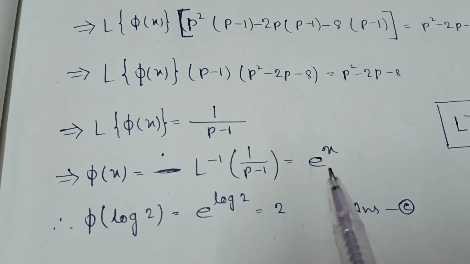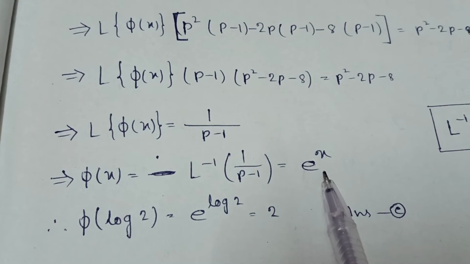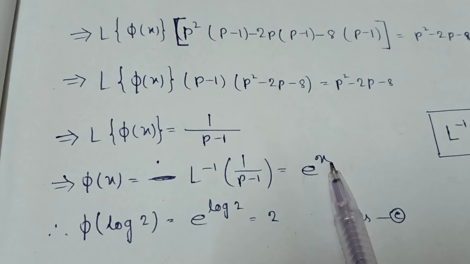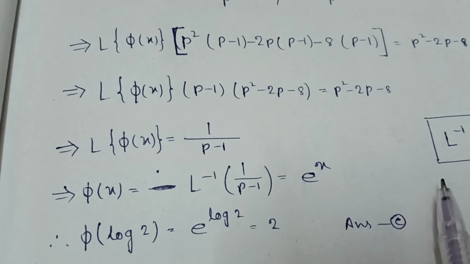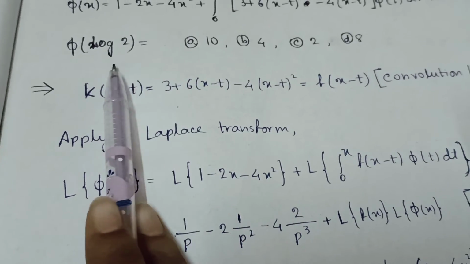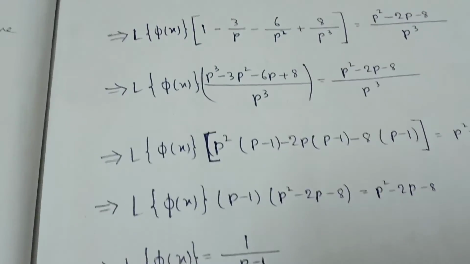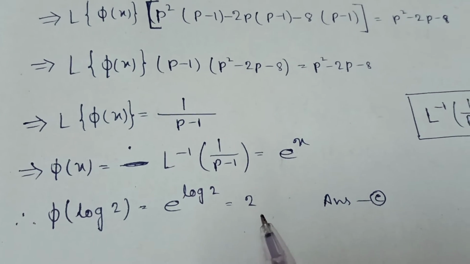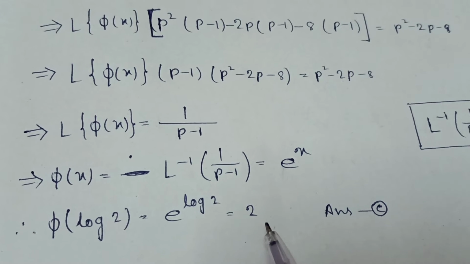This is our solution, phi(x) equals e to the power x. We are asked to find the value of phi(log 2). So phi(log 2) is e to the power log 2, which is 2. So the answer is C, which is 2.